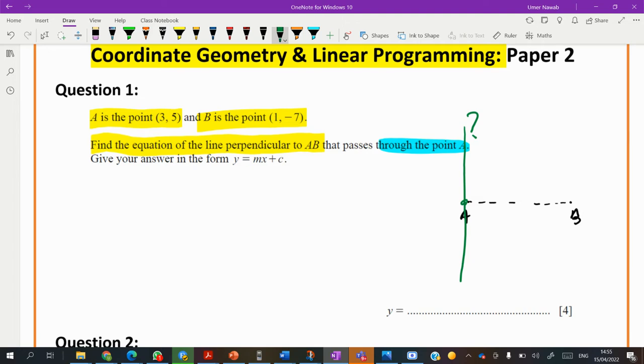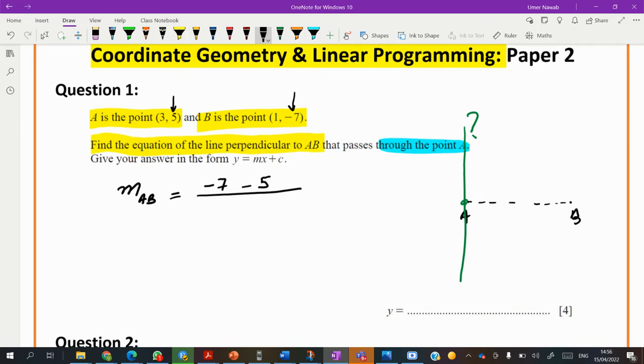What is the first thing we have to know when we talk about perpendicular lines? The very first thing is the gradient of the line. So let's find the gradient of line AB. The gradient is basically the difference of y coordinates over the difference of x coordinates. It's up to you which direction you want to take. Do you want to write 5 minus minus 7, or minus 7 and minus 5?